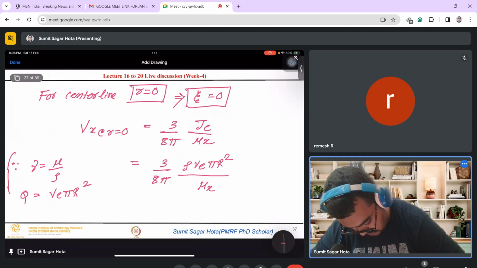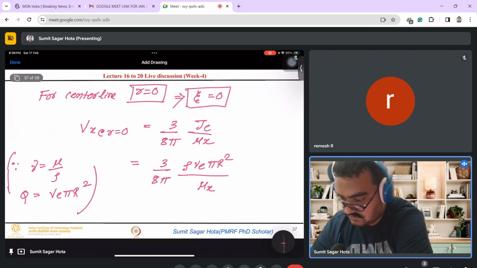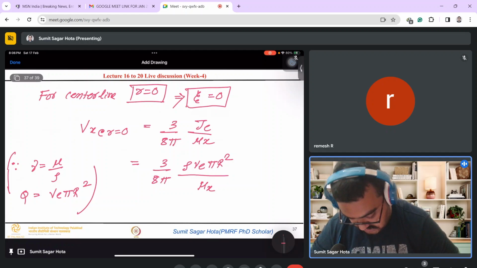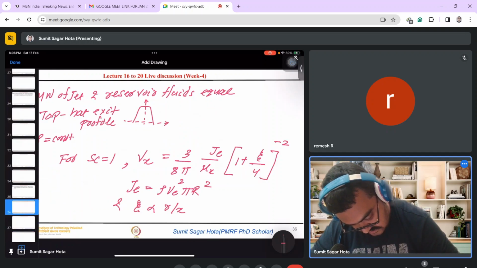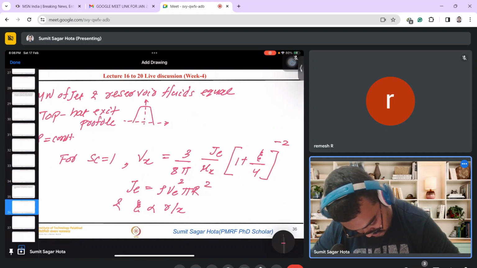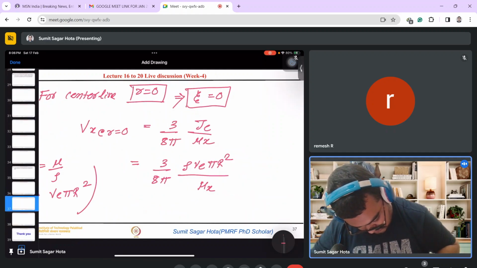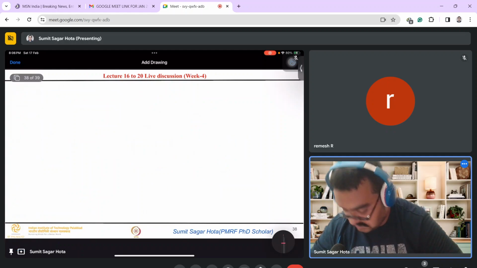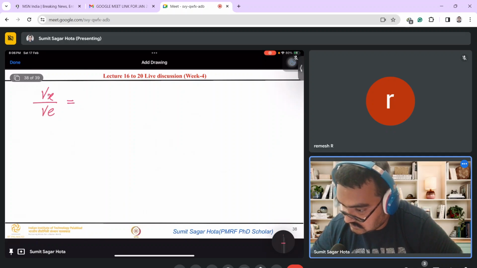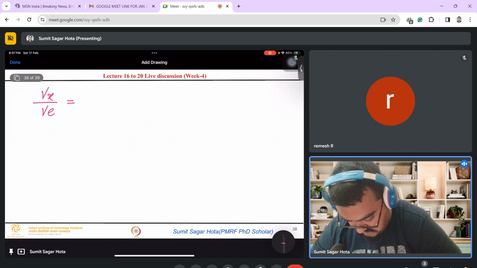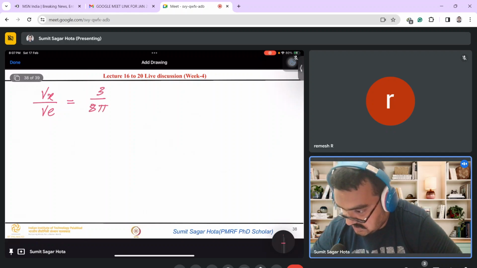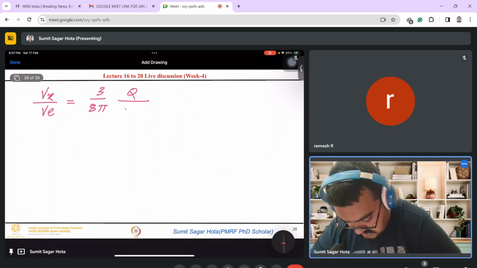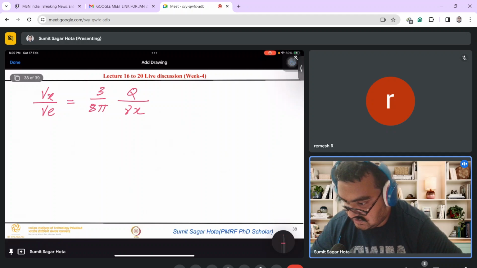So with these two assumptions, we already know all these things. What we do is take the ratio of Vx by Ve. So Vx by Ve is equal to, if you cancel out, 3 by 8 pi Q by nu x, because Q is your V into pi r square.